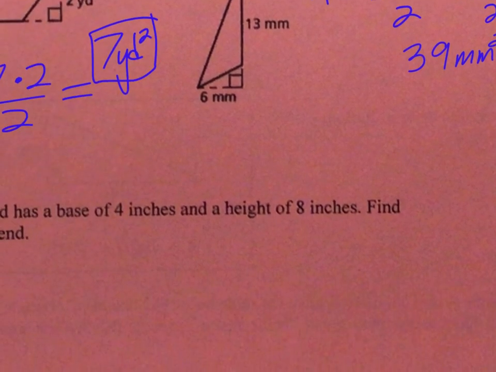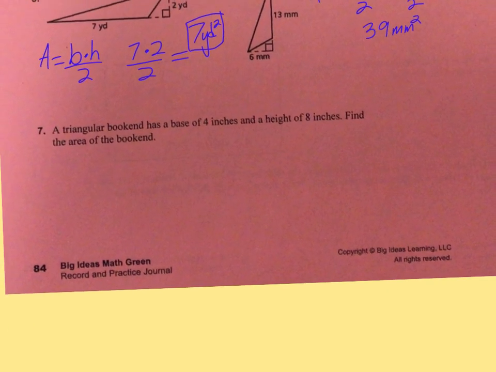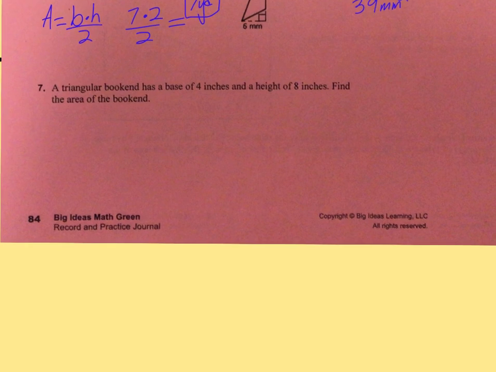All right. We have a story problem we ought to look at. A triangular bookend has a base of 4 inches and a height of 8 inches. Find the area of the, okay. So we're just drawing this. Okay, it's a triangle. There it is. It has a base of 4 and a height of 8. Again, we're using our formula.